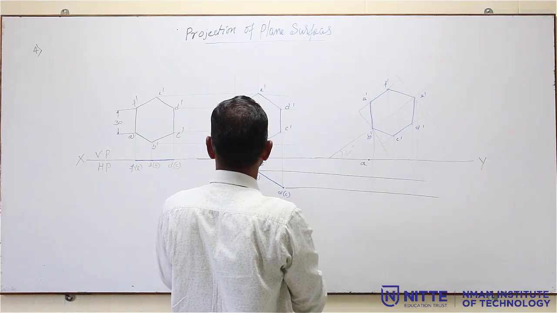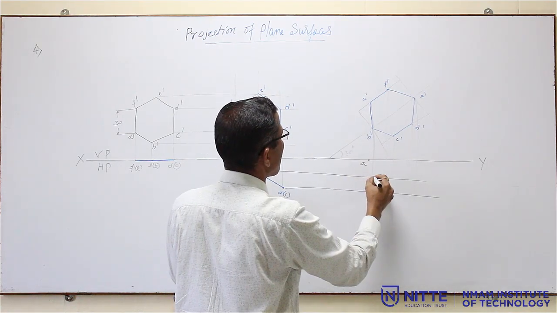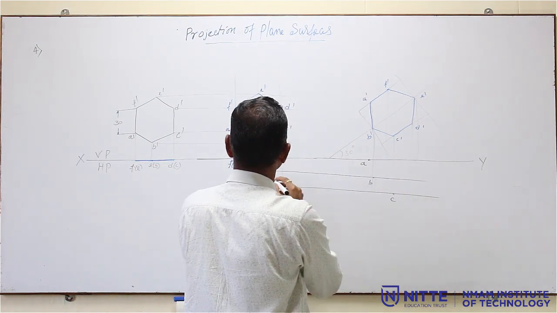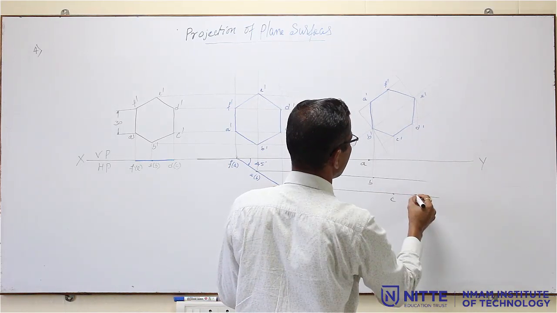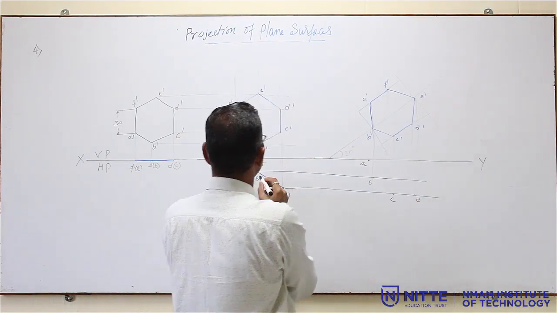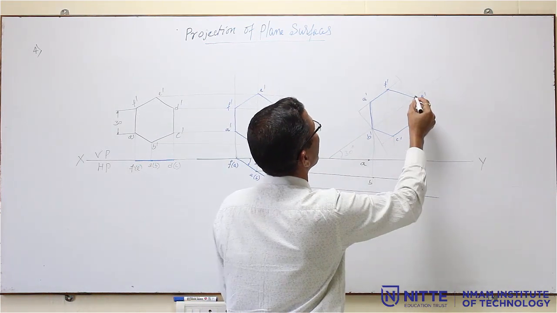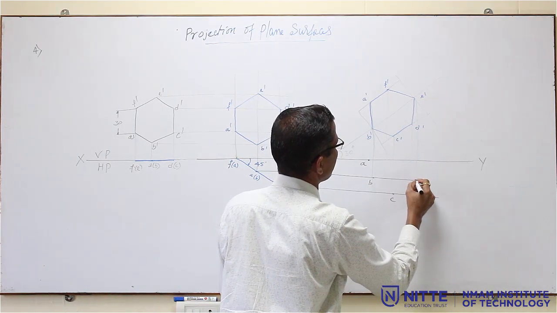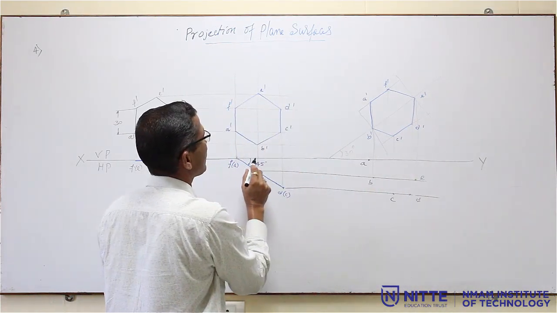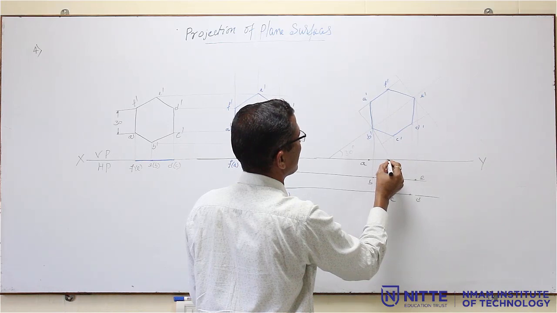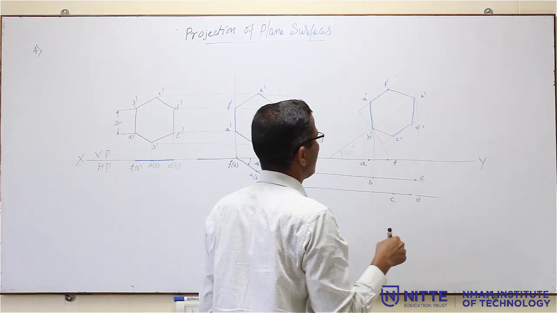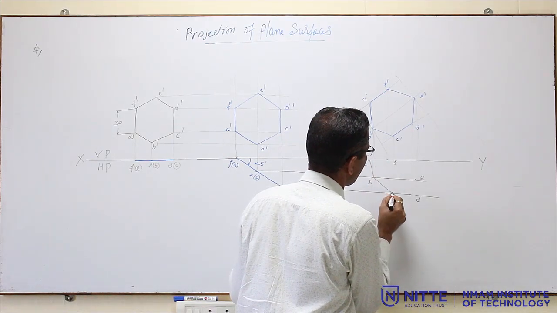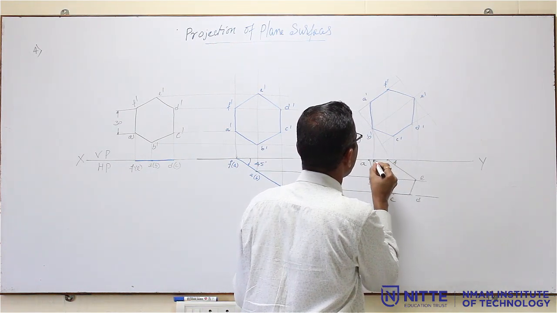This is A. B, this is B. C, then D, this is D, E is on this line and here this is E, and F is on the xy line, and here this is F. Now you have to join like this.